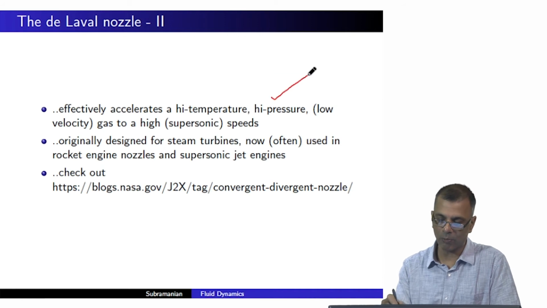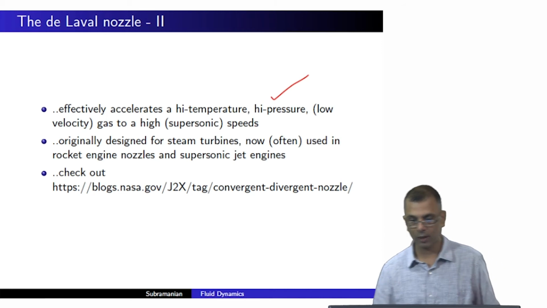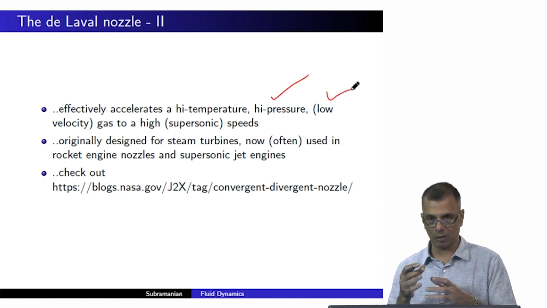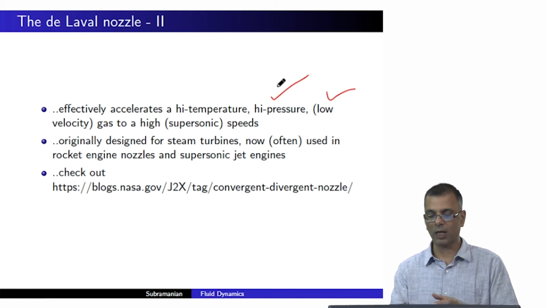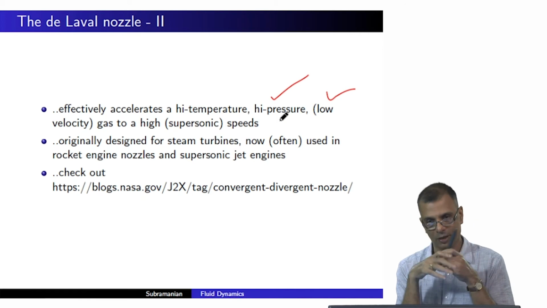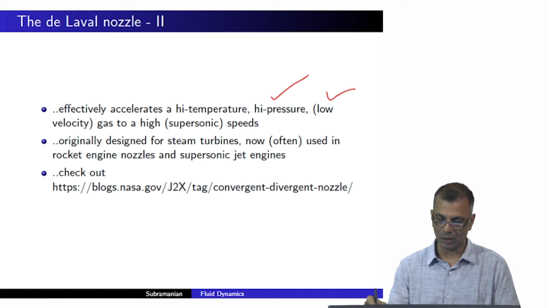In fact, the high pressure and low velocity kind of go hand in hand. When we say high pressure, what we're really saying is most of the energy is an internal energy of the gas. That's the same thing as saying high temperature.